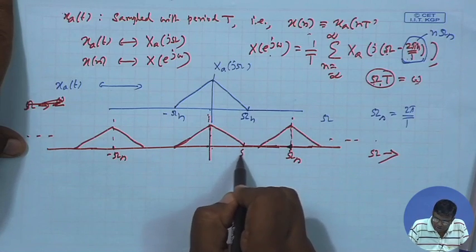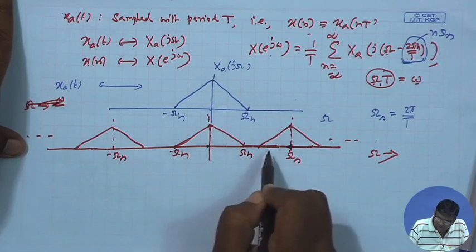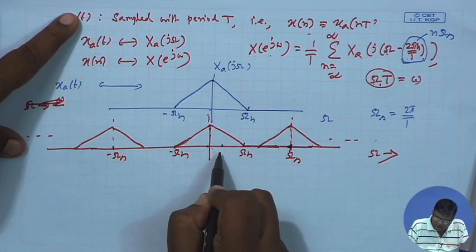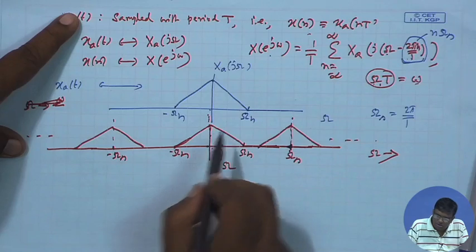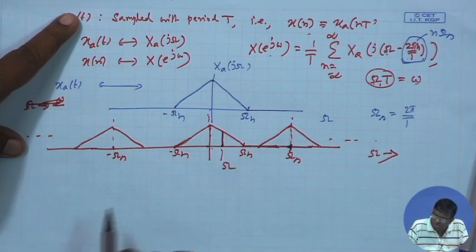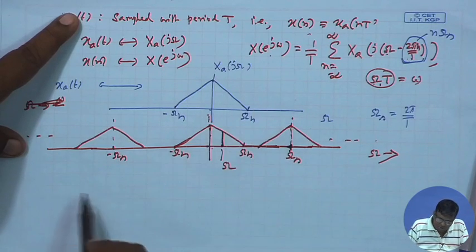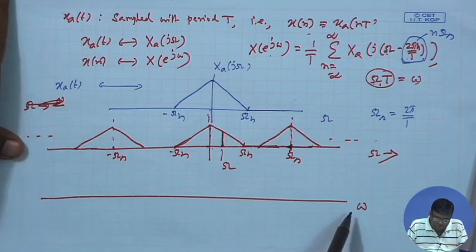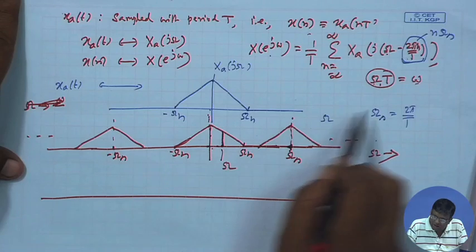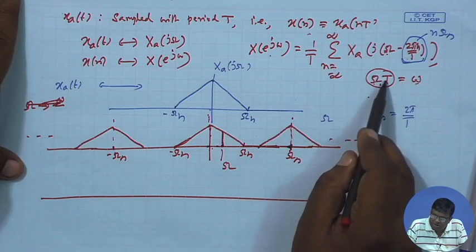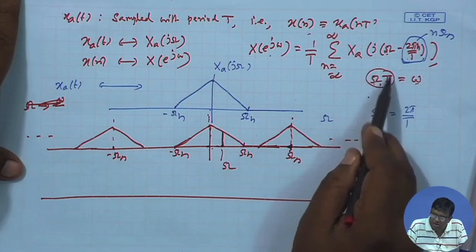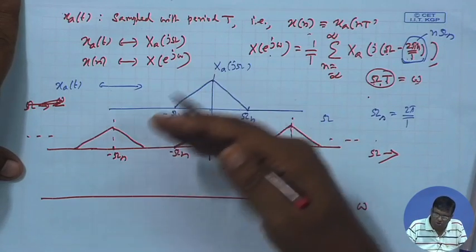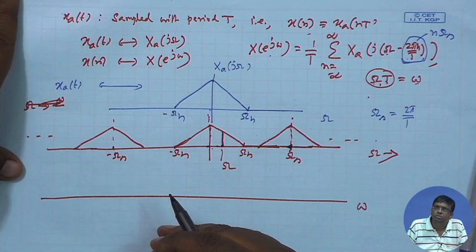So, at any capital omega, if it has so much of value, the same value, if I am plotting versus small omega, will go to capital omega into capital T, radian per second into second. So, second cancels, that much radian you find out, and the same value will move there. That is how one plot will be converted into another plot.